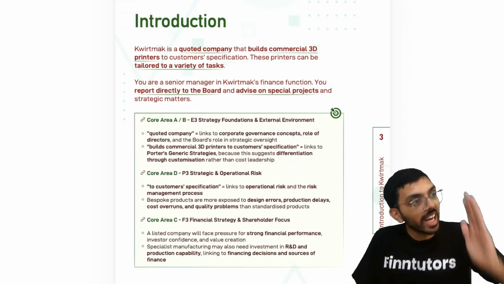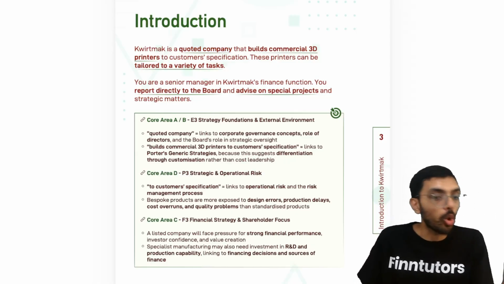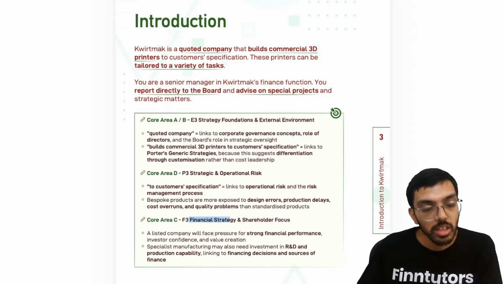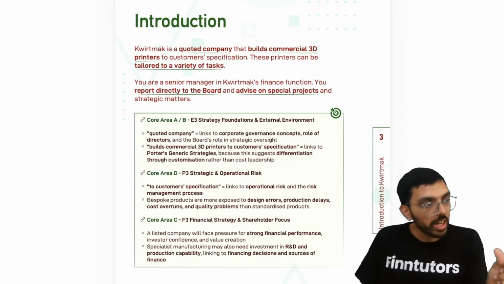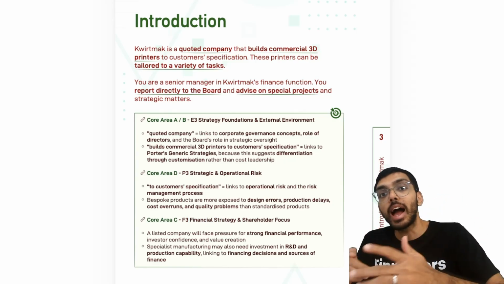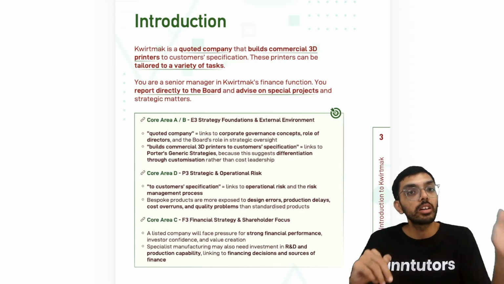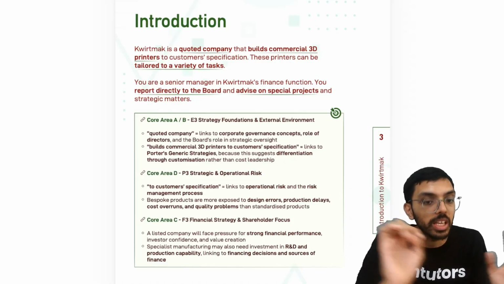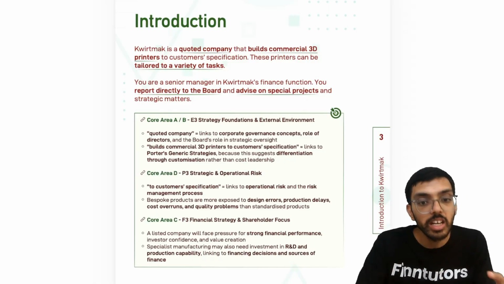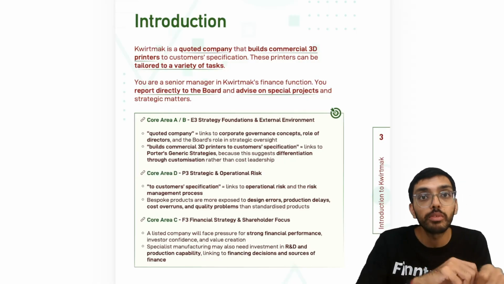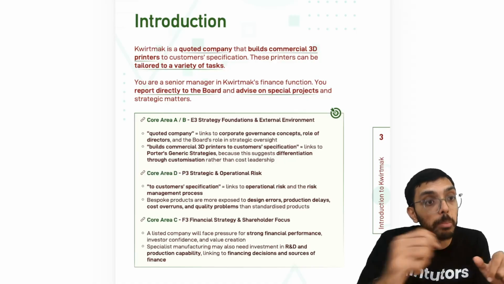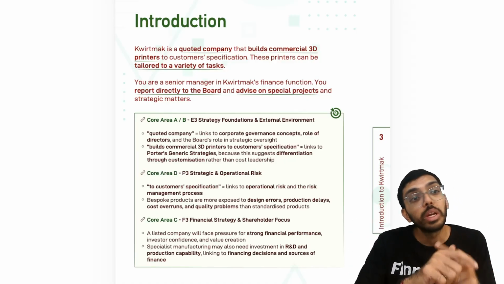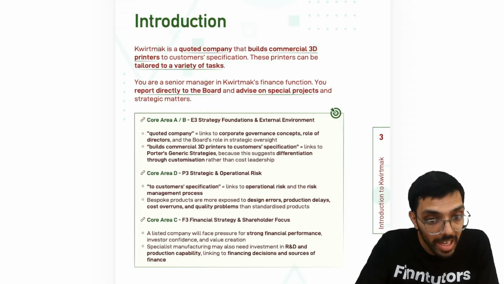So this has direct relevance to my core area, F3 financial strategy, because quoted means listed on the stock exchange. So now I have an equity raising chance. Just for me to keep in mind, because we are listed, it will be very important for us to have strong financial performance, because our shareholders will judge us on that. We will have equity options available.